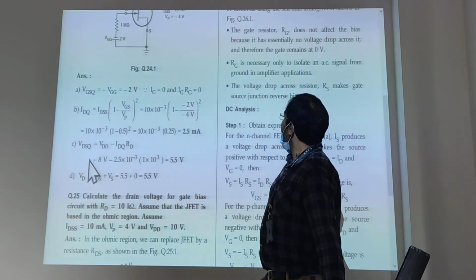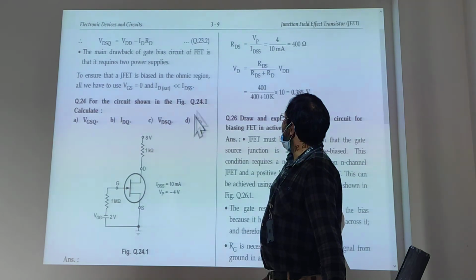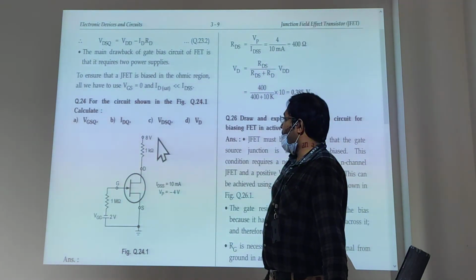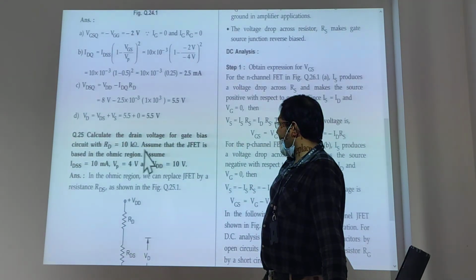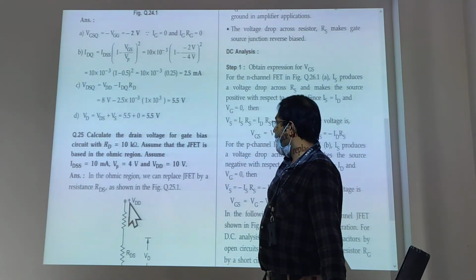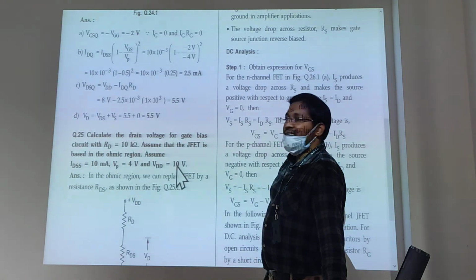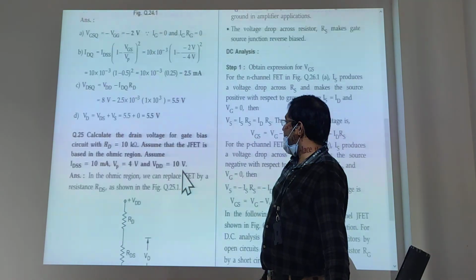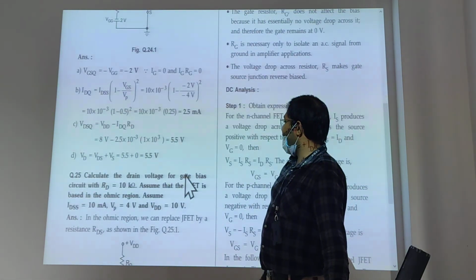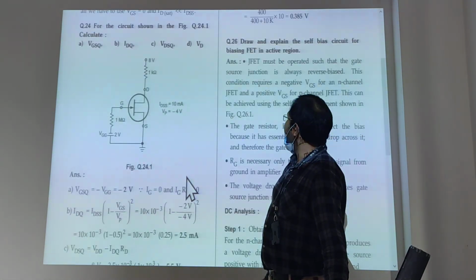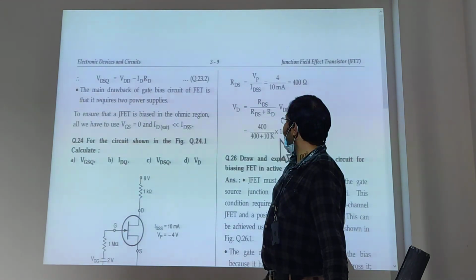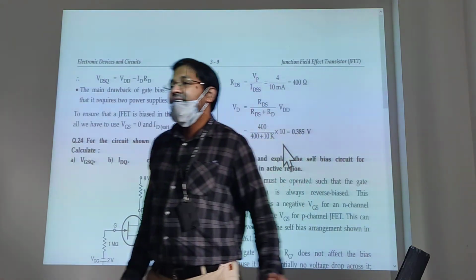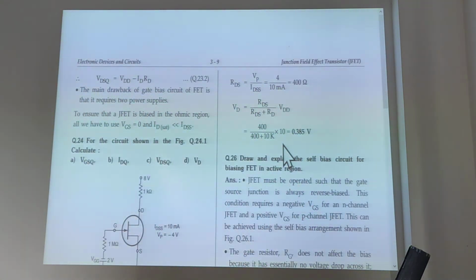So RDS is 400 ohm, RD given 10 kilo ohm, VDD given 10. Substitute all those: 10 into 400 by 10k plus 400. Check whether you are getting the same answer or not.